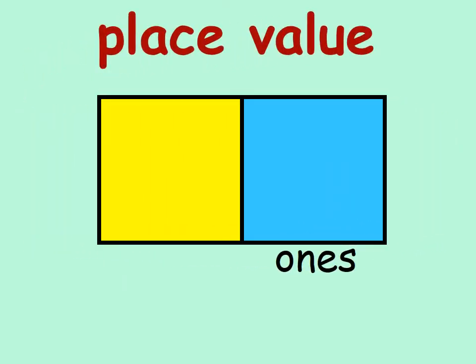Okay, there are our boxes again. And what is the blue box? The ones. You got it. You could put a 0 in there, or a 1, 2, 3, 4, 5, 6, 7, 8, or 9.